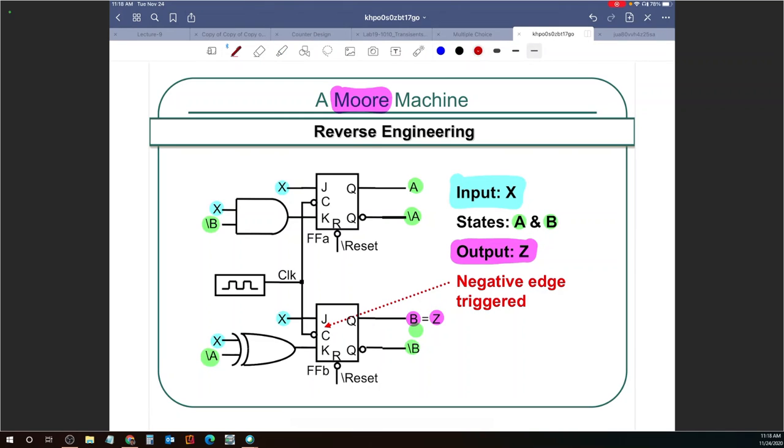And because we have JK flip-flops in this design, I would need to review the JK flip-flop characteristic equation.